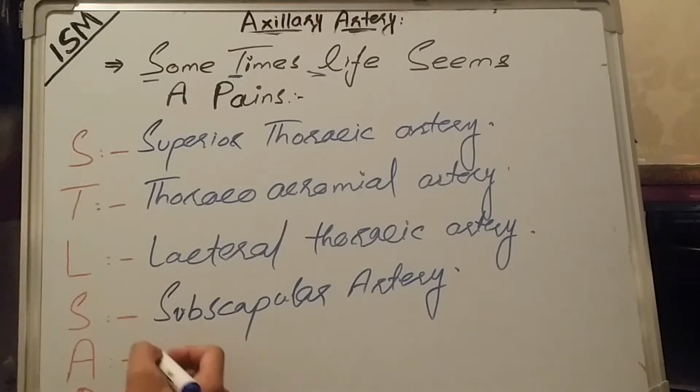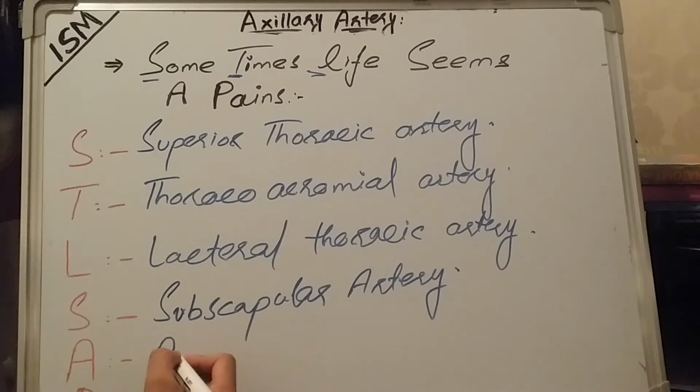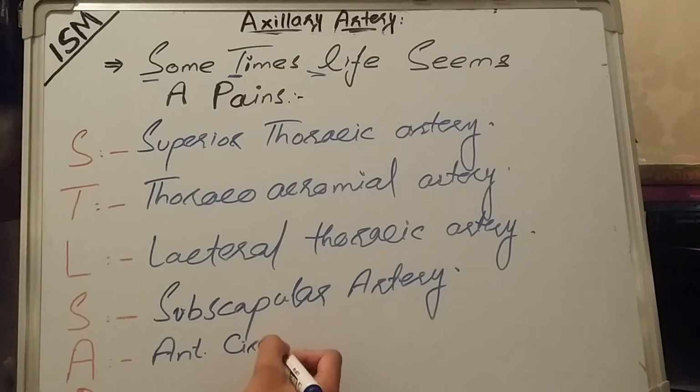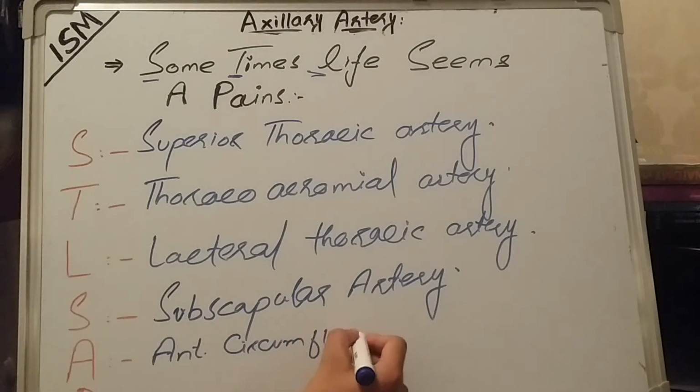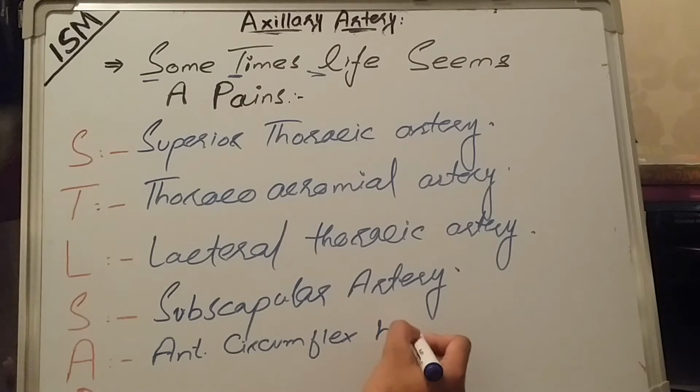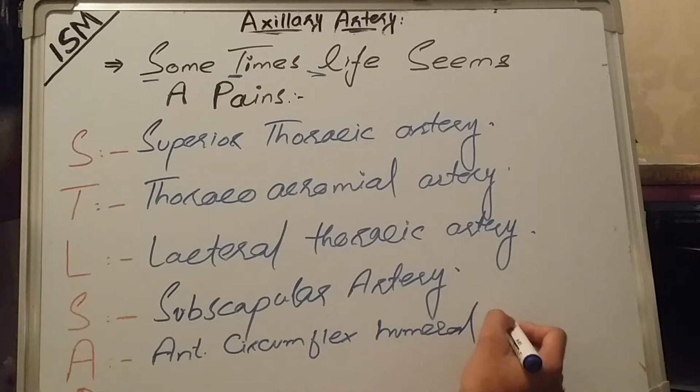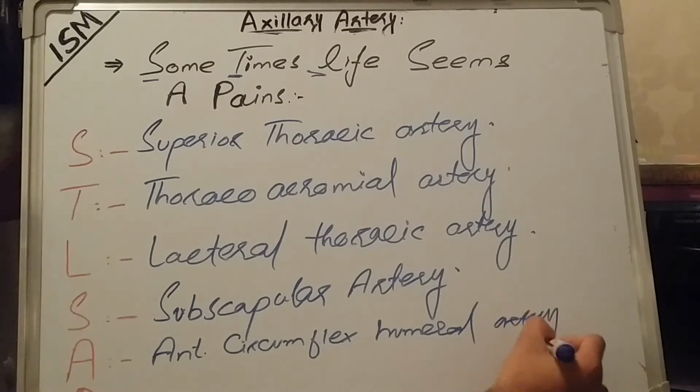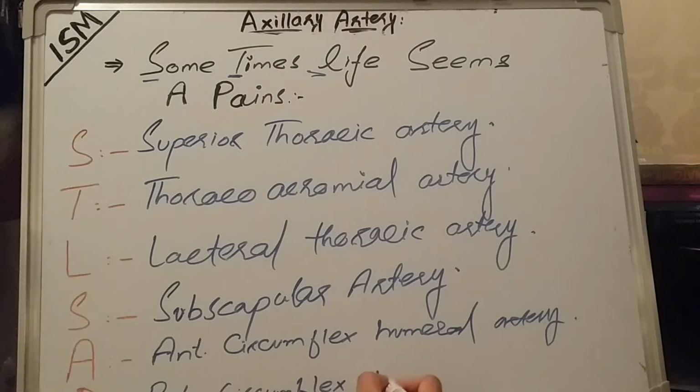A stands for the anterior circumflex humeral artery, and P stands for the posterior circumflex humeral artery.